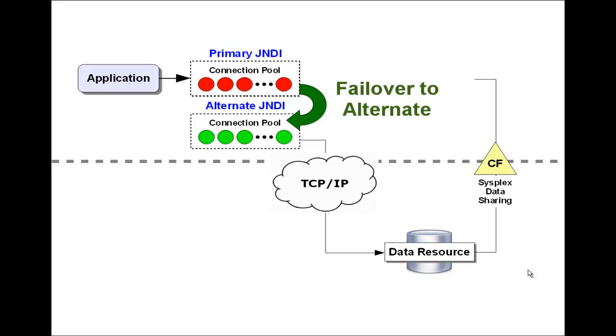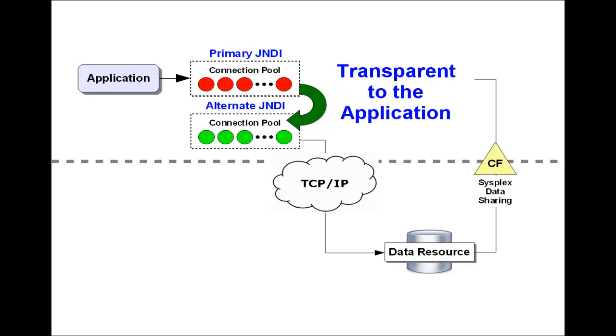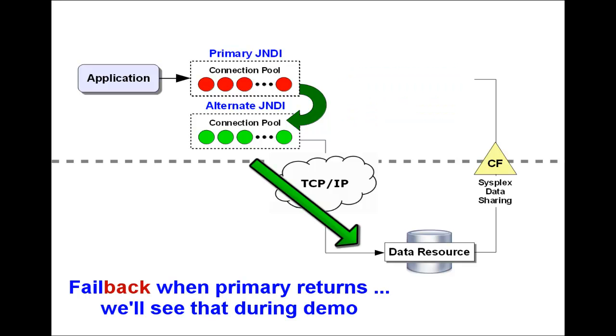What alternate JNDI then does is it automatically fails over to the alternate JNDI connection pool, transparent to the application, and if that is defined as across TCP to one of the surviving data resources in the data sharing group, your application can still get access to data.